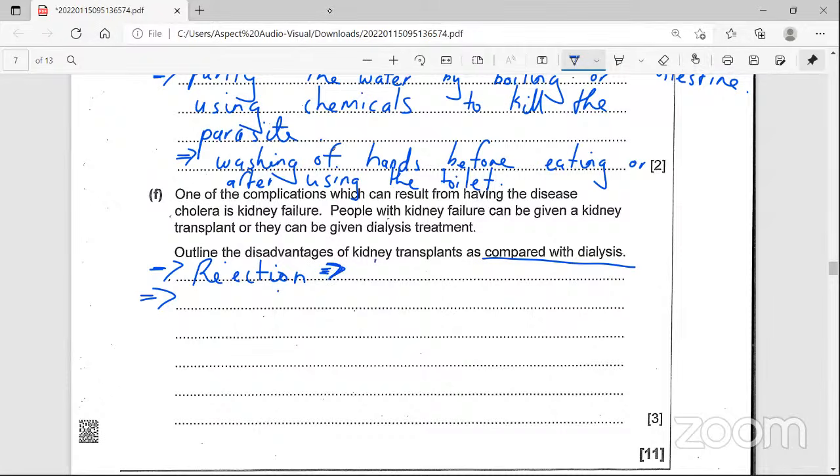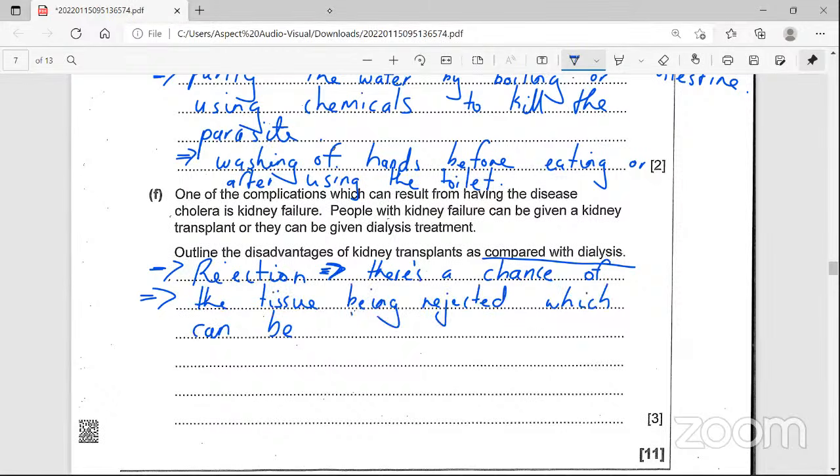With rejection, we say there's a chance of the tissue being rejected, which can be fatal, unlike with dialysis.